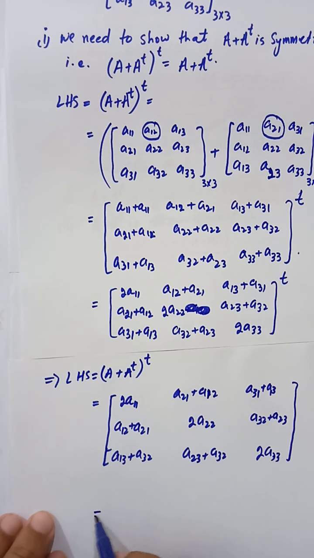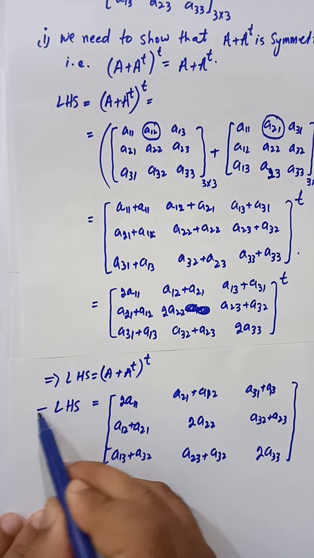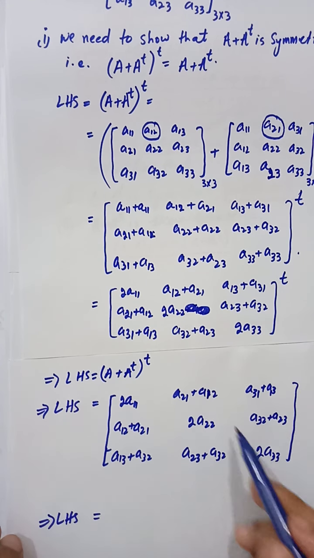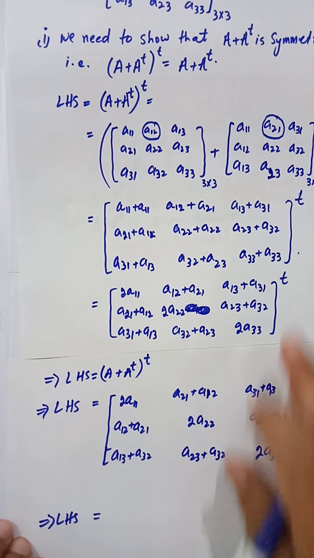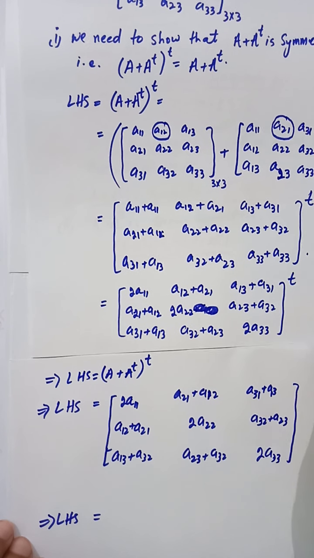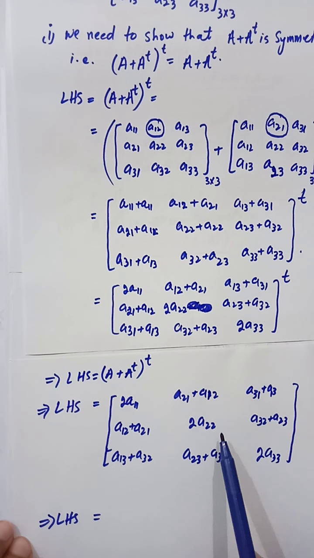This is actually your left hand side. If you see this matrix, this is actually equal to A plus A transpose. When you find A plus A transpose, this is exactly equal to it.